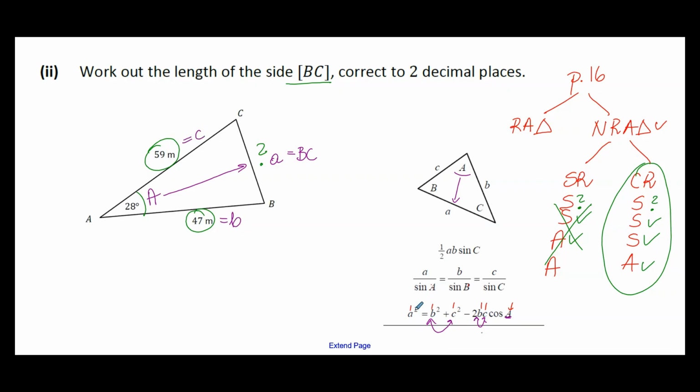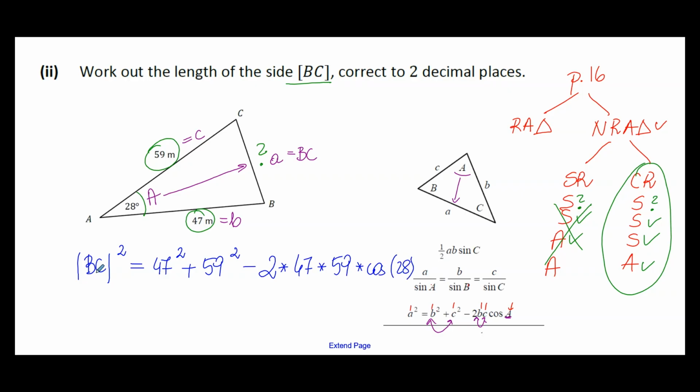Now we can replace those letters with numbers. So a, that's my BC I'm looking for, taken to the power of 2, equals B, which we said is 47, to the power of 2, plus C, which is 59, again taken to the power of 2, minus 2 multiplied by B, that's 47, multiplied by C, that's 59, multiplied by cos, and our angle is 28.